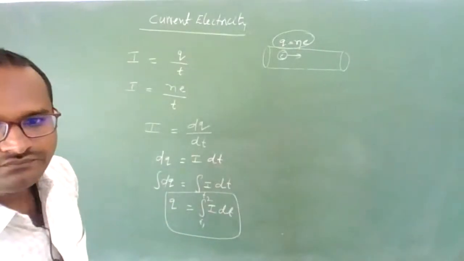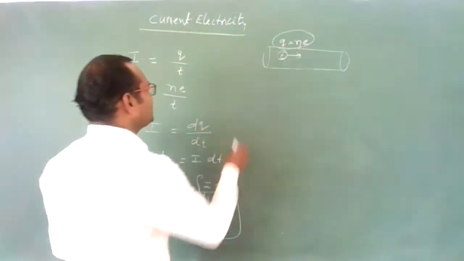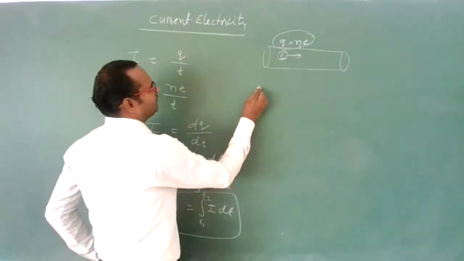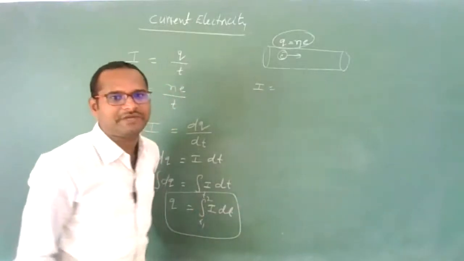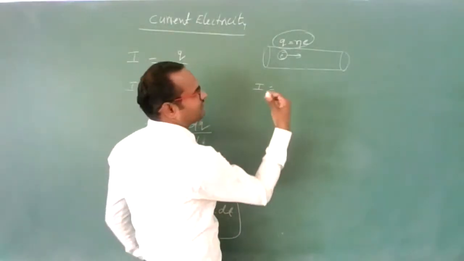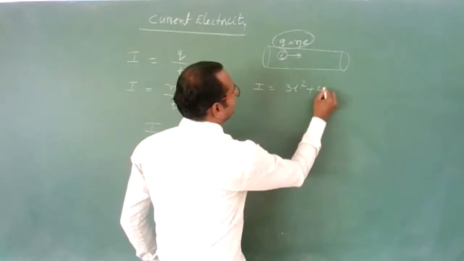Okay, students? See, on this topic, how they may ask you a question: let us suppose the current flowing through the wire is changing with respect to time like this. Current as a function of time is given as 3t square plus 4t.